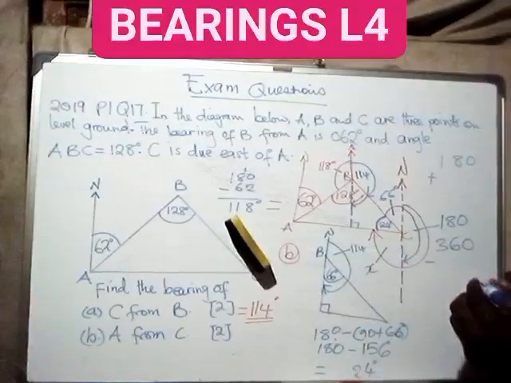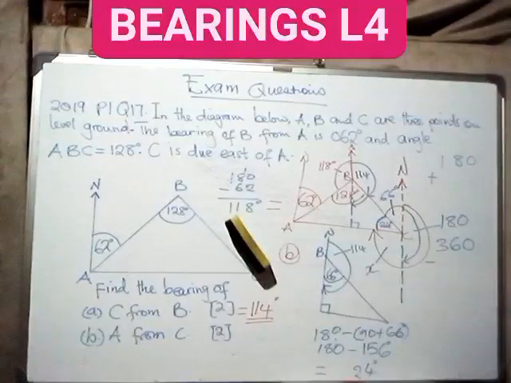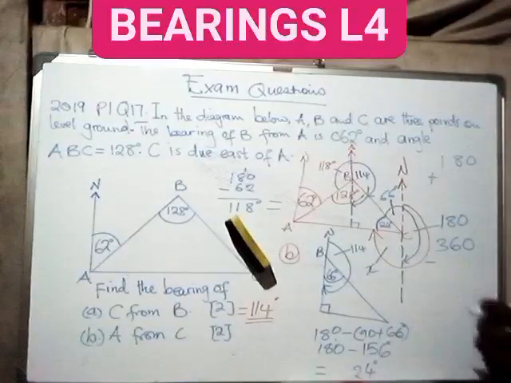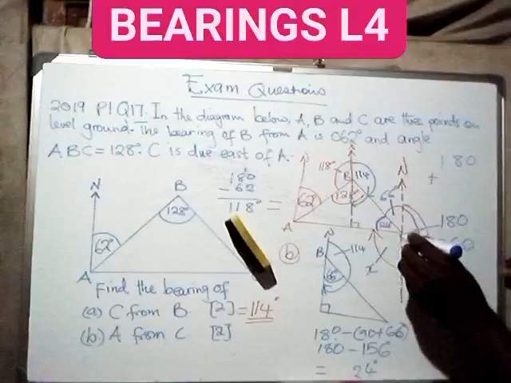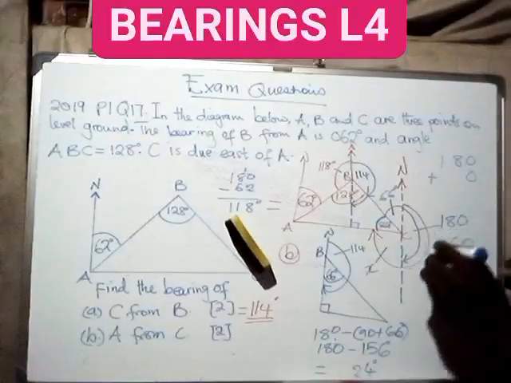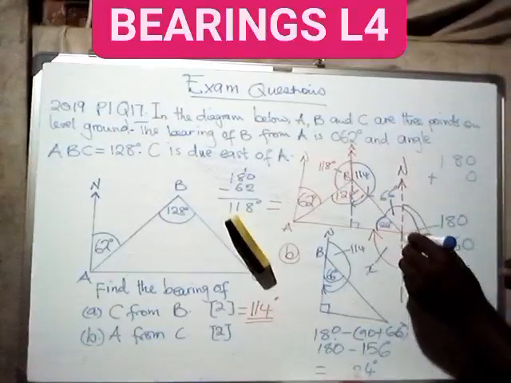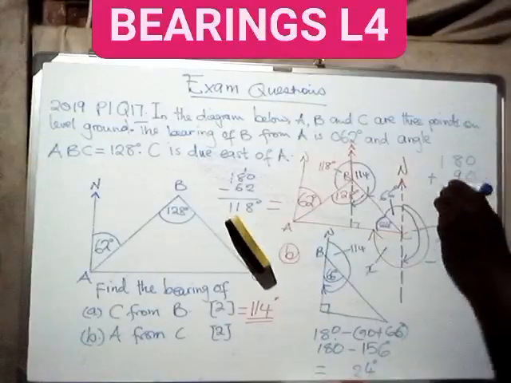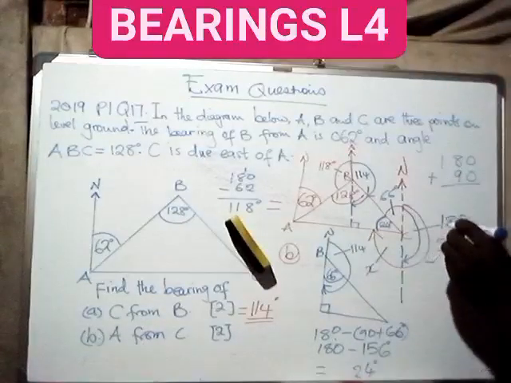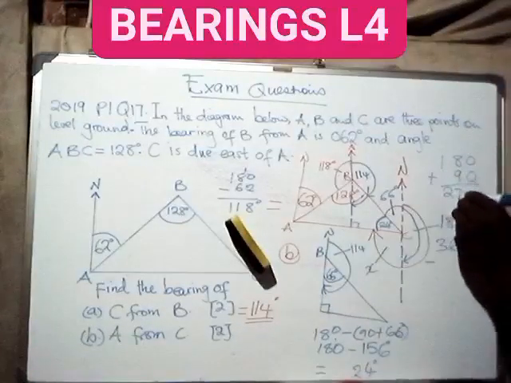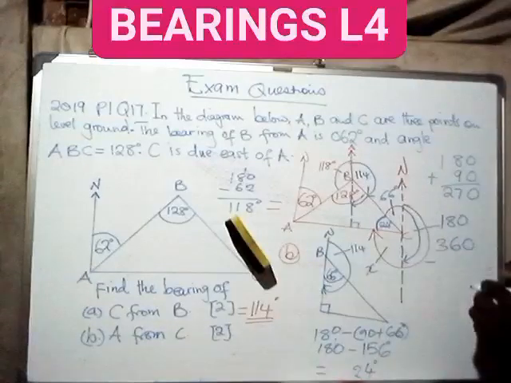66 plus 24, what are we going to have? We are going to have 90. So 180 plus 90, the answer is 270.